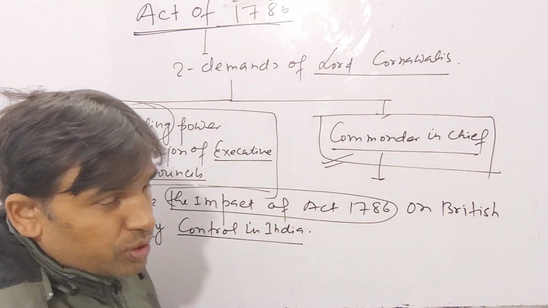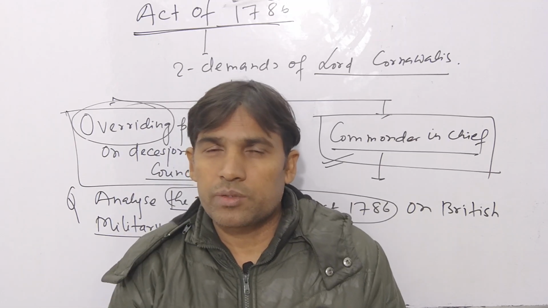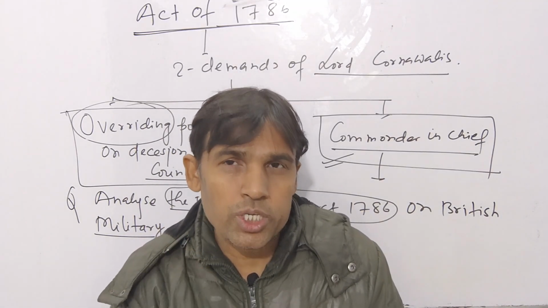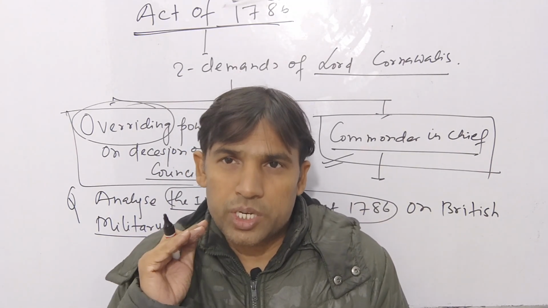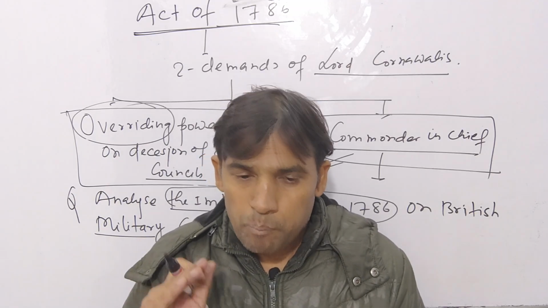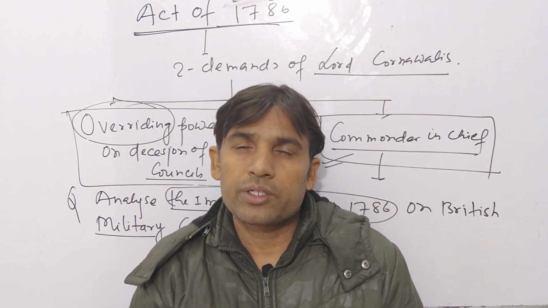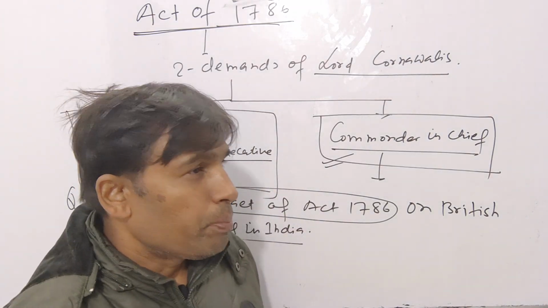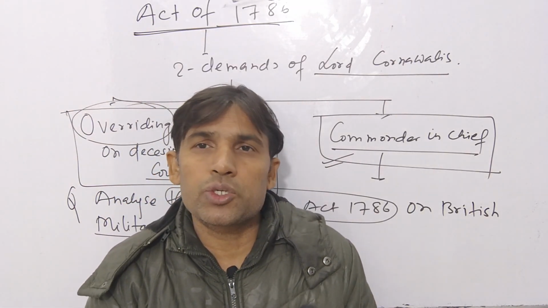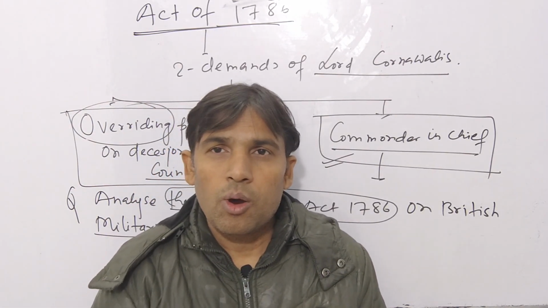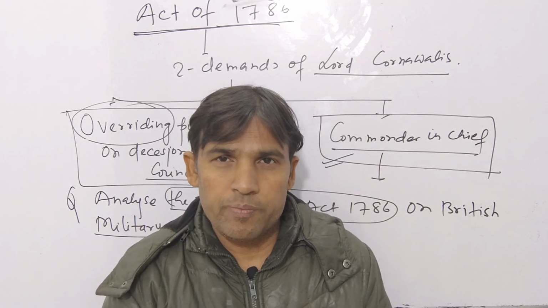It means the Act of 1786 was somehow responsible for strengthening the military power in India first, and since then the British began to gradually control the larger territory of India.